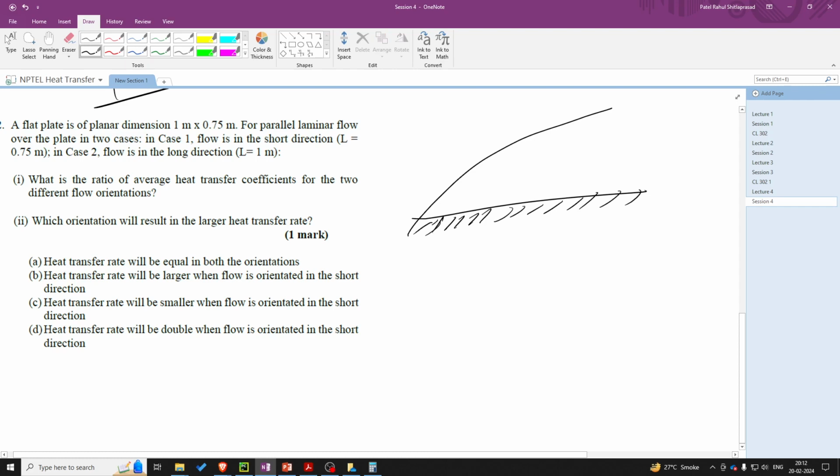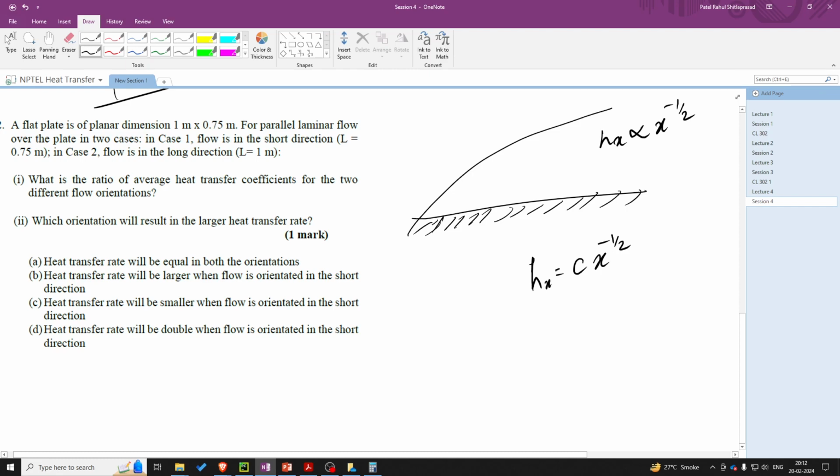This was our boundary layer theory, and for the thermal boundary layer we were given that Hx is proportional to x raised to minus half, or Hx is equal to c x raised to minus half. Then we have to find the average heat transfer coefficient.